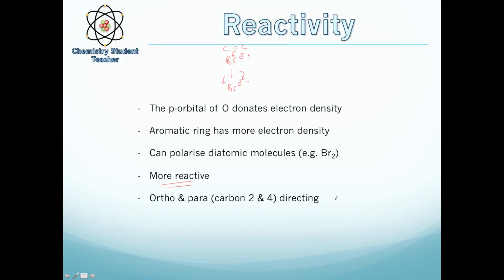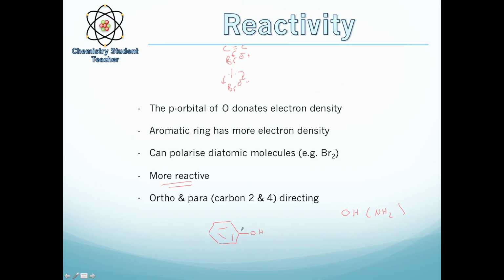But there is one key point before we talk about the reactions that we have to remember, and that's phenol, the OH group, is electron donating, similar to an NH2 group, and that is something called ortho and para directing, which basically means that carbon 2 and carbon 4 are the places that they're most likely to be substituted. So we just quickly look at phenol, OH.